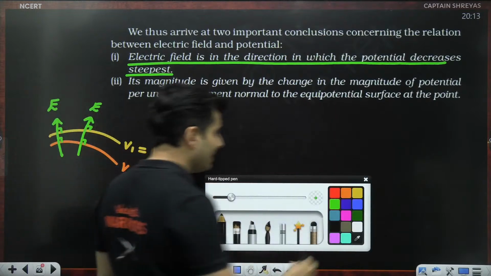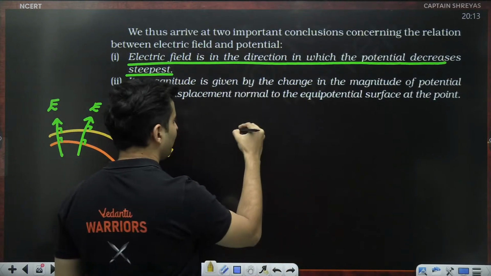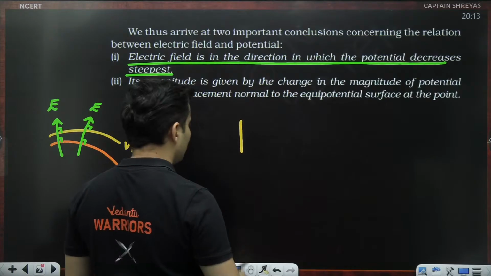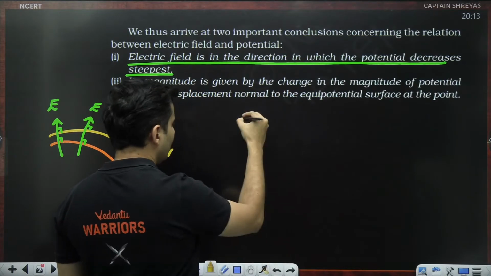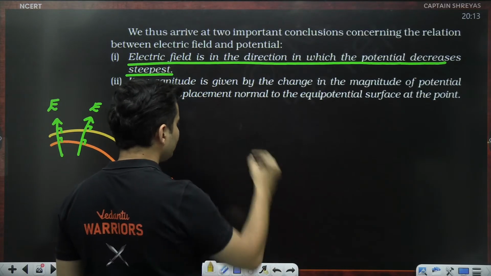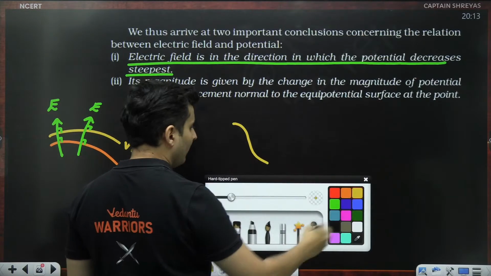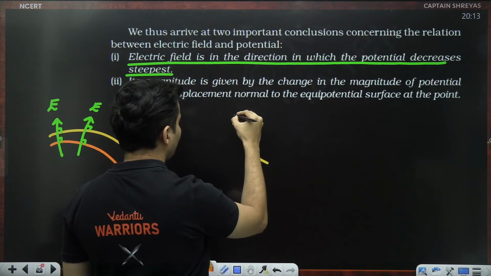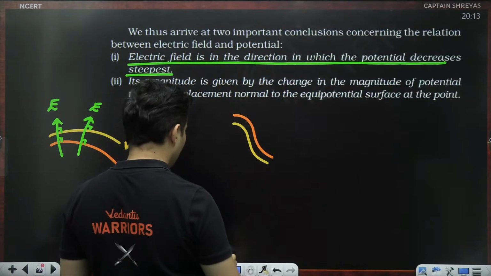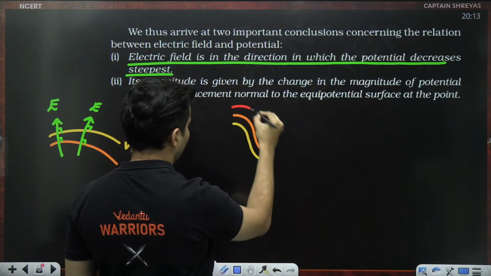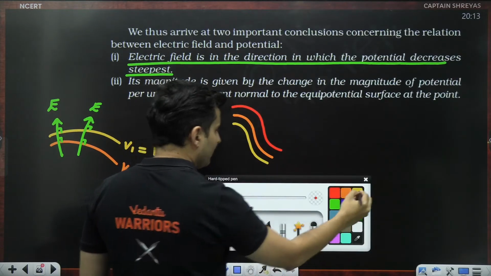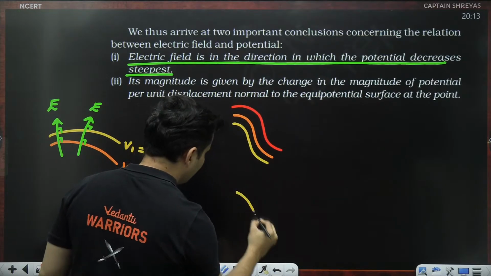point. What it means is that, imagine this, there is an equipotential line, let's say over here, then you have an equipotential line right over here, and another equipotential line right over here. And the same thing I will do over here as well.